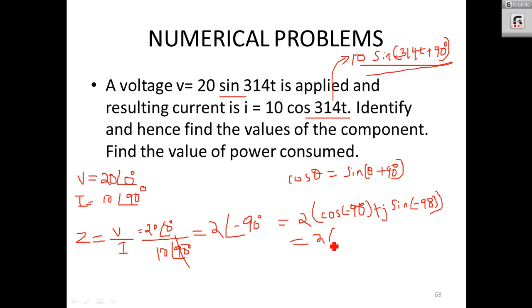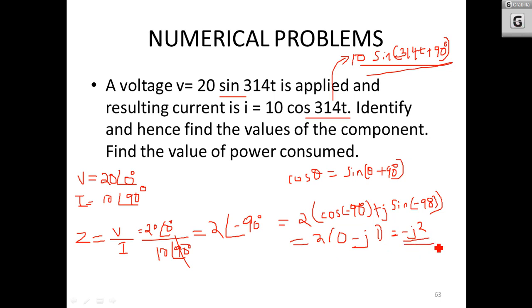What is cos of minus 90? Cos of minus 90 is 0, so 2 into 0. Then, sine of minus 90 is minus 1. So it is 0 minus j1, and the answer will be minus j2.